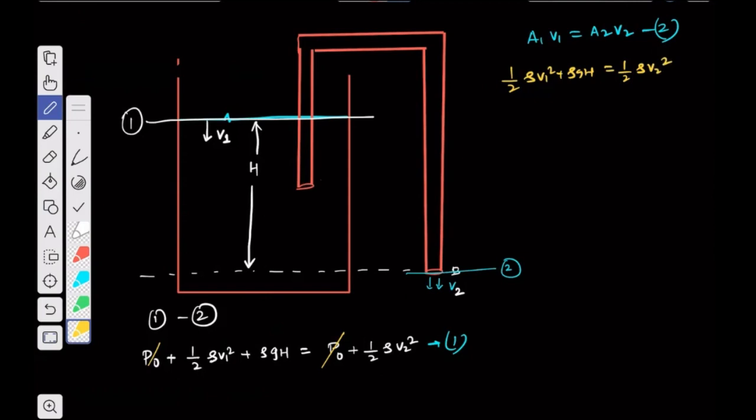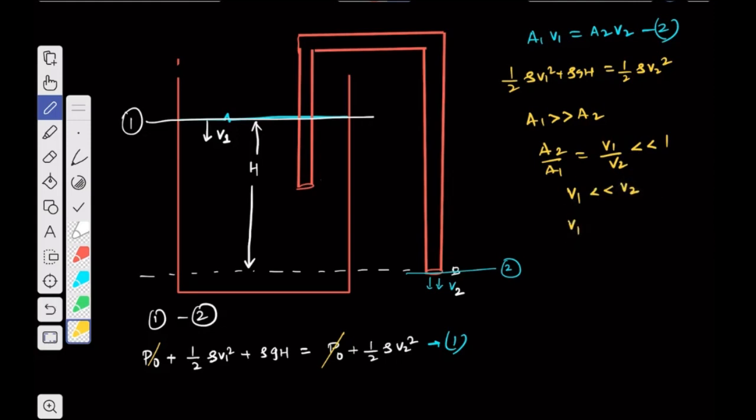Now, in case A1 is very, very big compared to A2, then A2 by A1 is going to be equal to V1 by V2. That means A2 by A1 is way smaller than 1. So V1 by V2 is going to be very much smaller than 1, so V1 will be very, very small compared to V2.